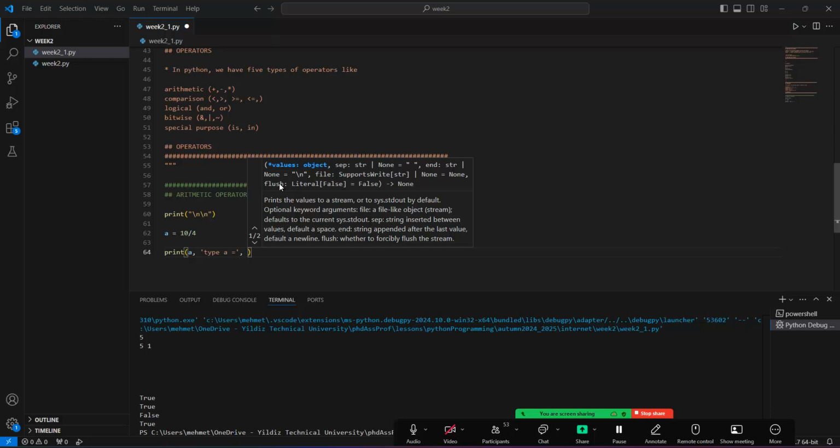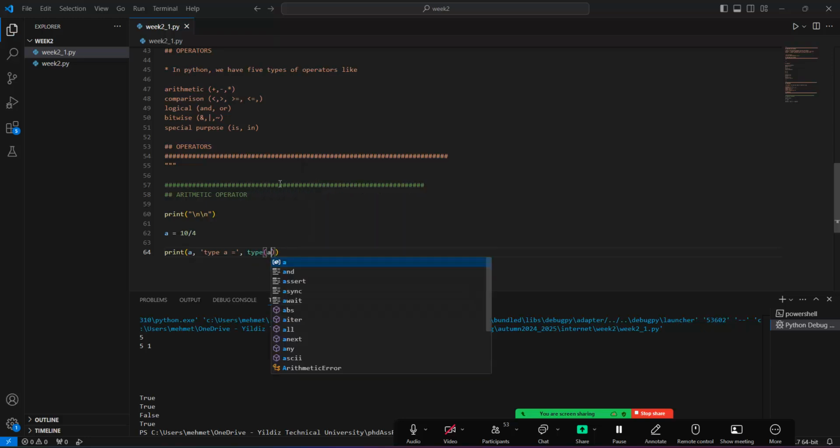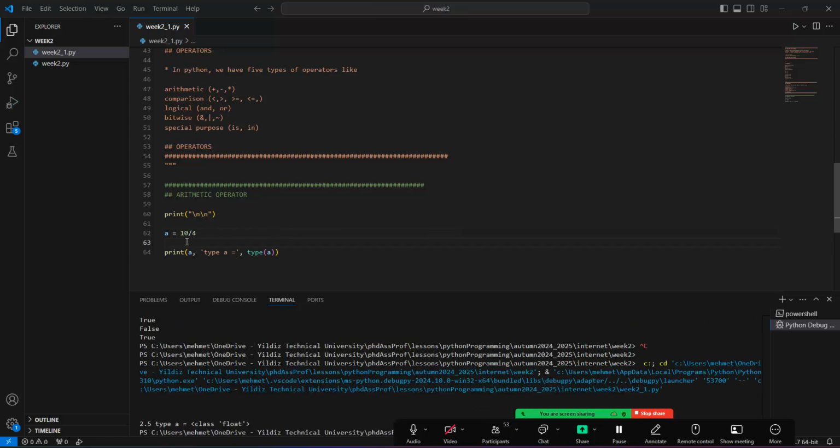What's the type of a? It's float, because 10 divided by 4 is equal to 2.5, and so Python automatically creates a with a float value, 2.5. So the type of a is float.